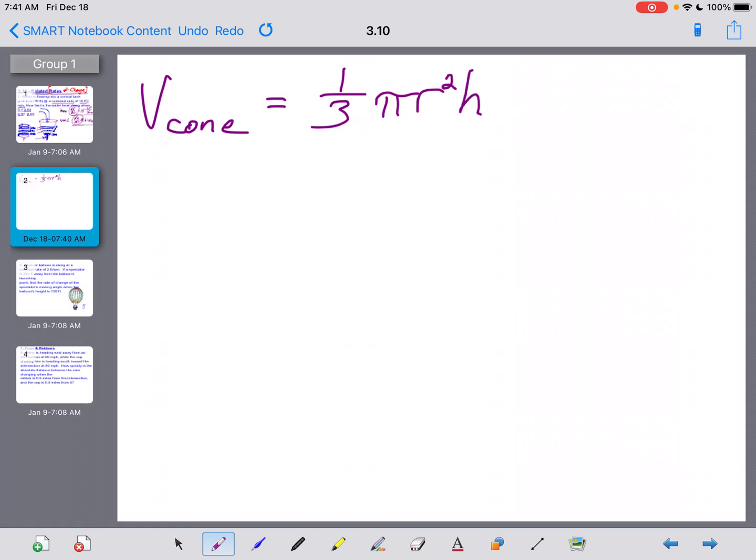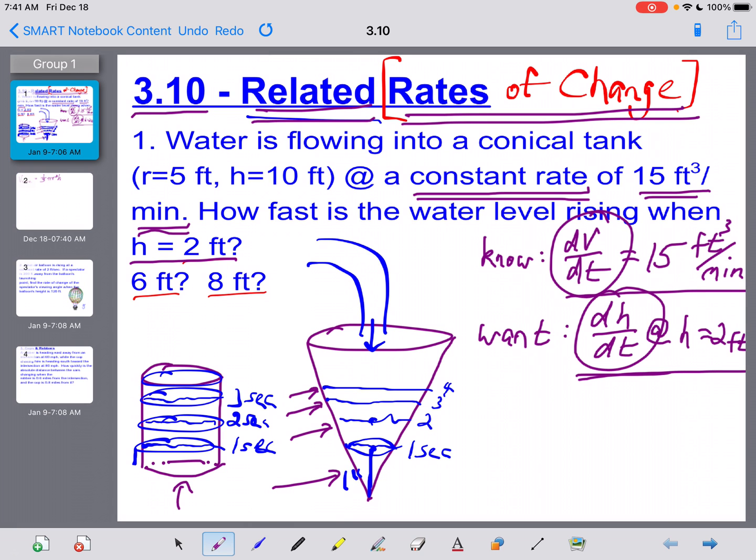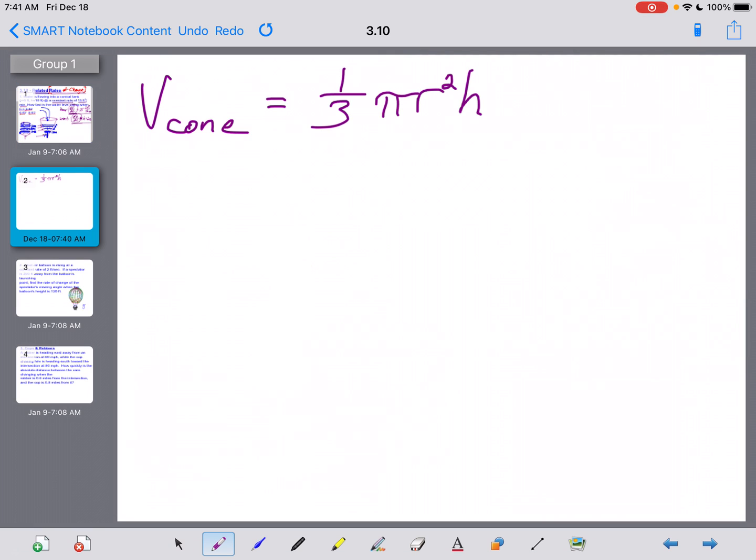Now, what I want you guys to notice, though, that's tricky, is that this is a three-variable formula. We've got a V over on the left, and then we have an R and an H over on the right. Now, that's a problem for us, because if we go back to our little list right here, we know dV dt, the derivative of volume with respect to time. So I'm fine with that V being there.